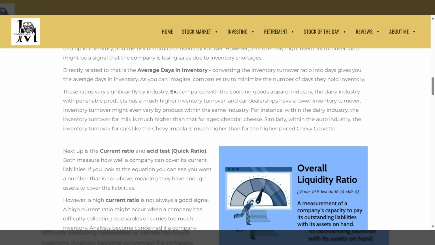And so it's important to keep track of these accounts receivable and have a high receivables turnover, because that means that you're lending out to customers with strong creditworthiness or customers with high credit, because they're more likely to pay back what they owe.